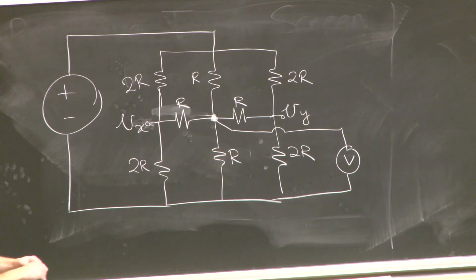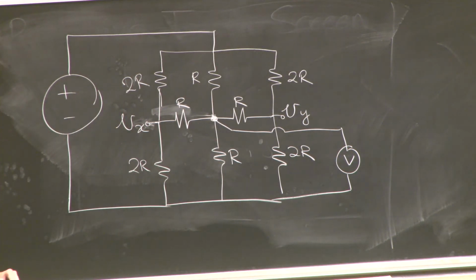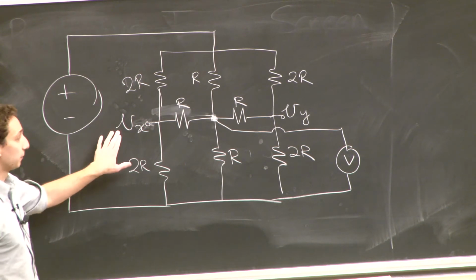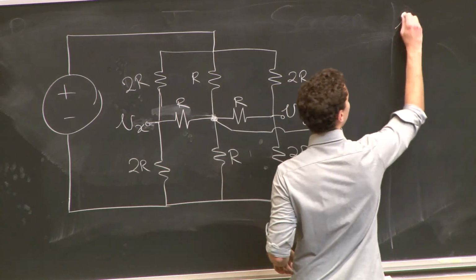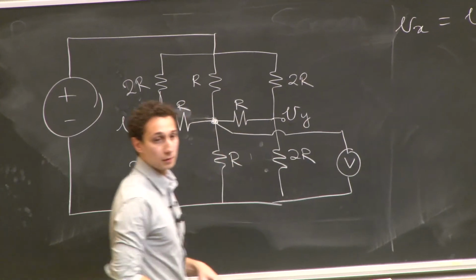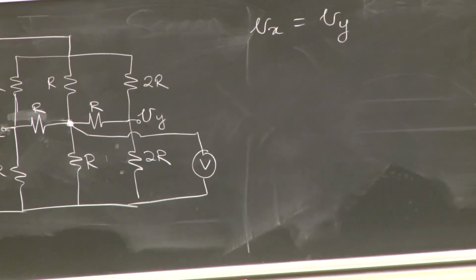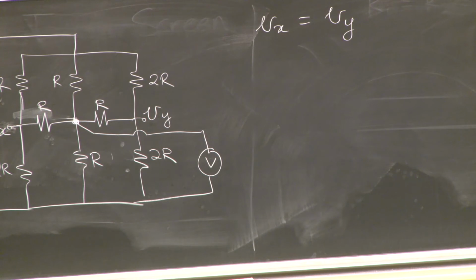It turns out that this one, I believe, is the same as well. If I've got a voltage here Vx and a voltage here Vy, and those two are equal, so Vx equals Vy, what does that mean? So they're not in parallel because there's resistors in the way. What does that mean about current flowing from one side of my circuit to the other?